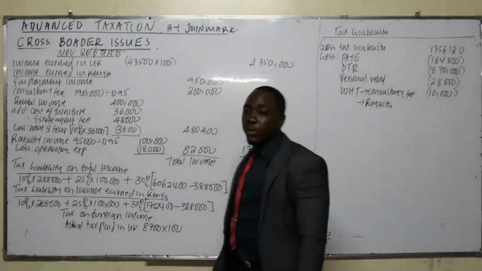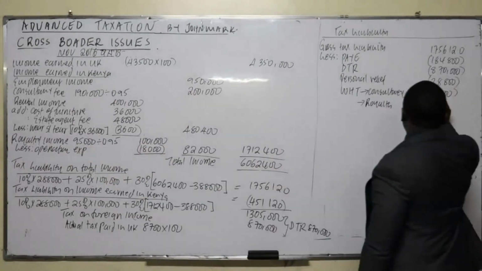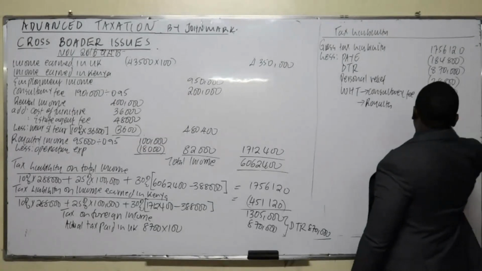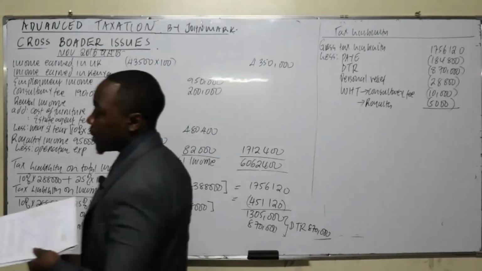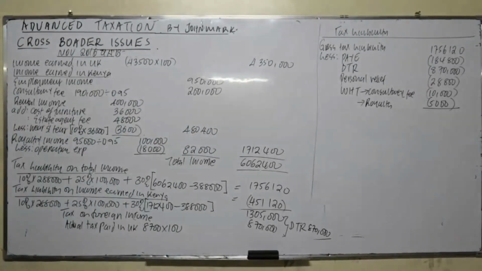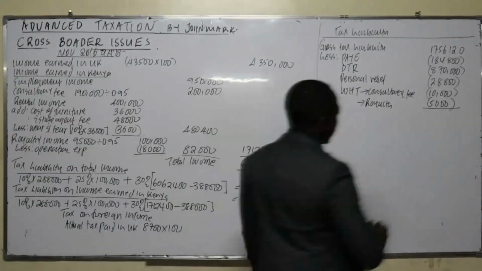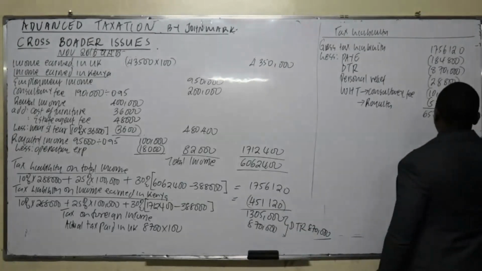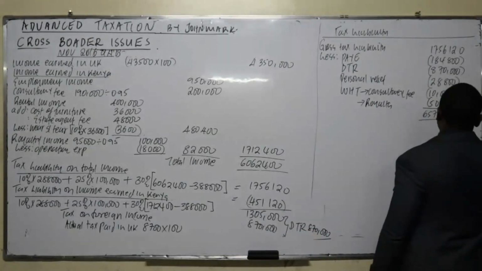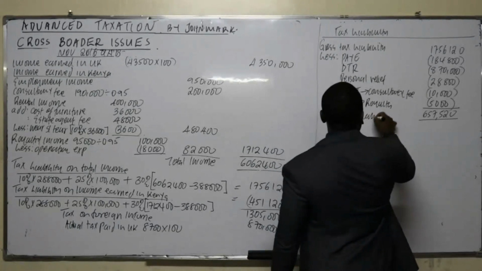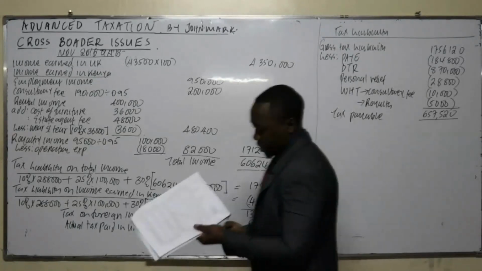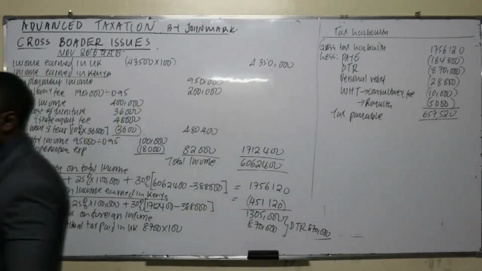How much was the tax withheld? Now the balance is what now you'll pay. So how much is the net tax liability? 65. So now that's the amount of tax payable. You can copy now.